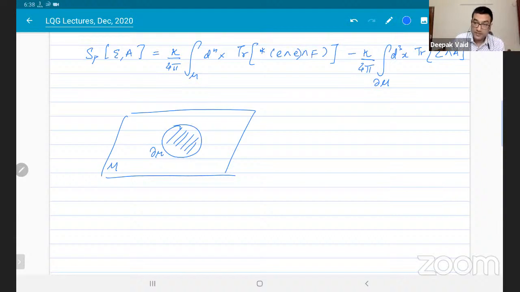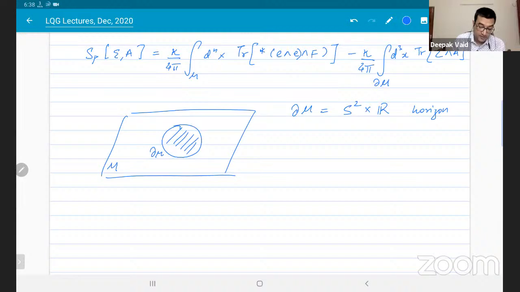So when we have this inner boundary, it's not just any boundary. We identify this as something which is topologically S2 cross R. So this is the null surface which forms the horizon of the black hole, and S2 are the spatial slices and R is the time parameter.